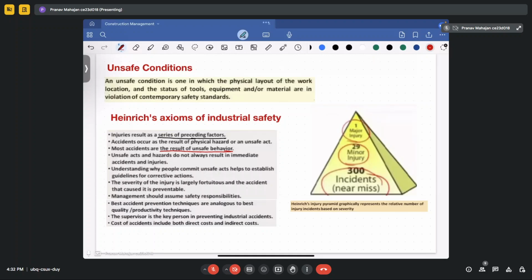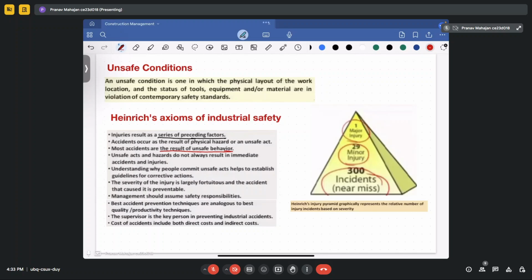The supervisor, or you can say the safety engineer involved at a particular site, is the key person responsible for preventing such industrial accidents. The cost of these accidents includes both direct cost as well as indirect cost. We will see that later.